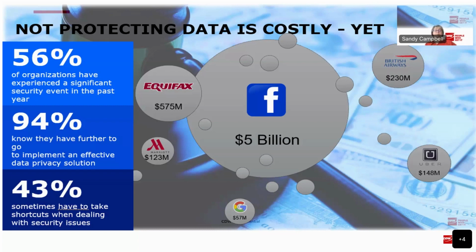And 43% have admitted that they've taken shortcuts, right? They didn't follow through on everything that they should do to make their environment secure. So we still have a long way to go.